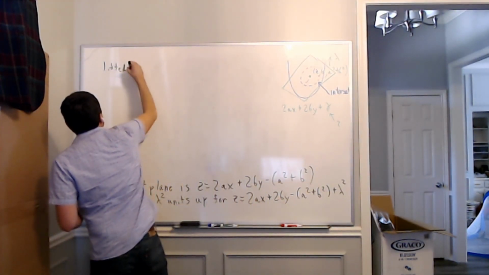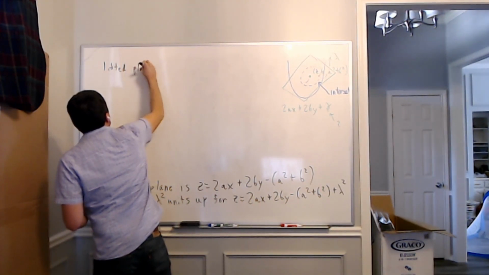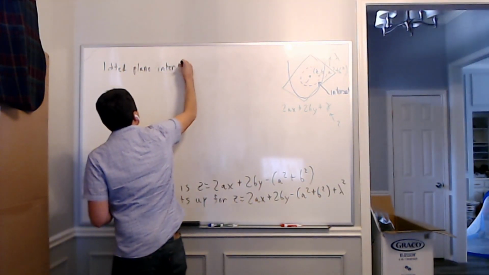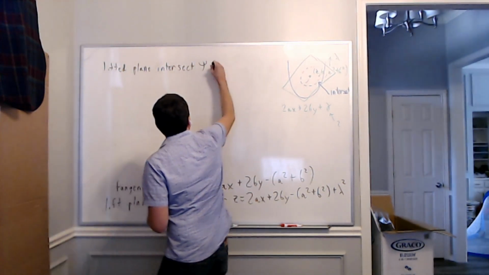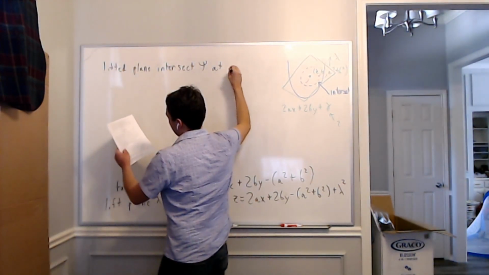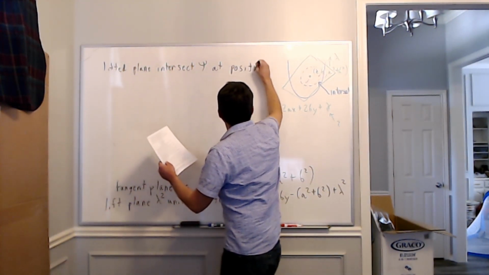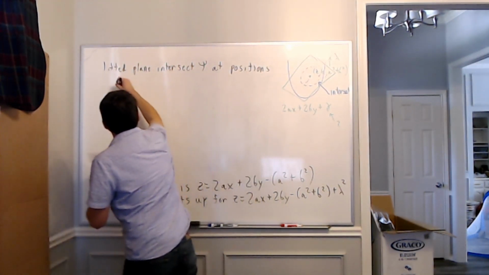So the lifted plane intersects psi at certain positions.